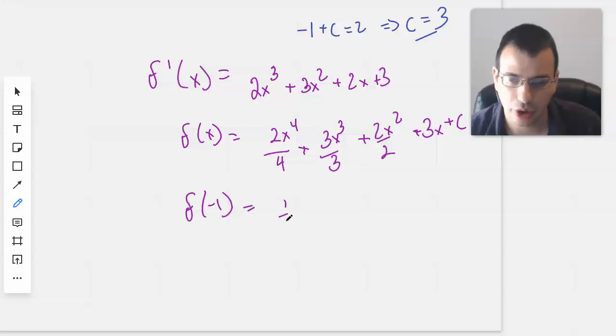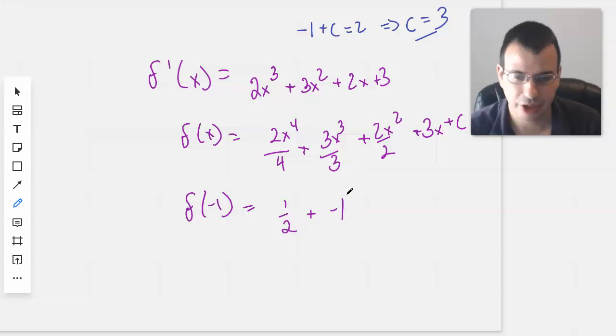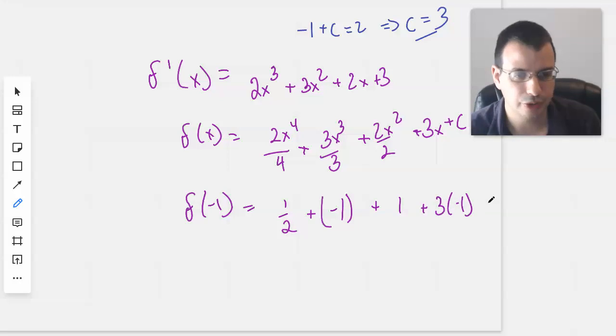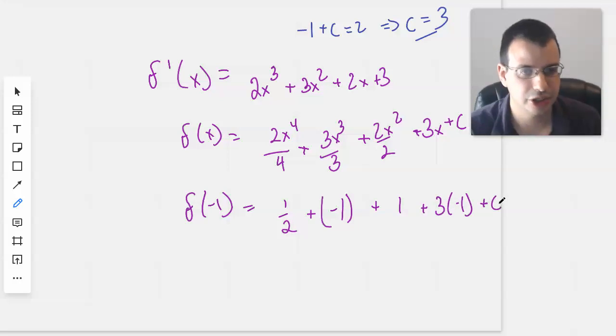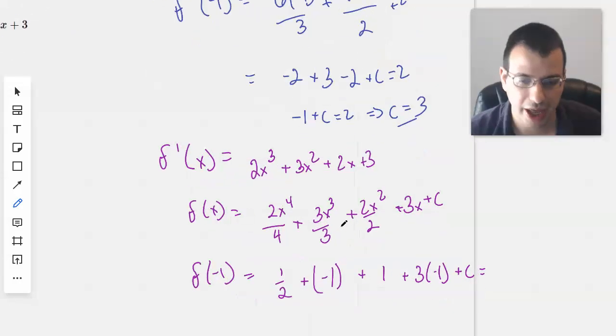So this will be 1/2 plus 3 over 3 is 1. So we'll have plus negative 1 plus negative 1 squared is just positive 1 plus 3 times negative 1, which will be negative 3, plus another c, which is distinct from the previous c. And I think this equals negative 1/2.